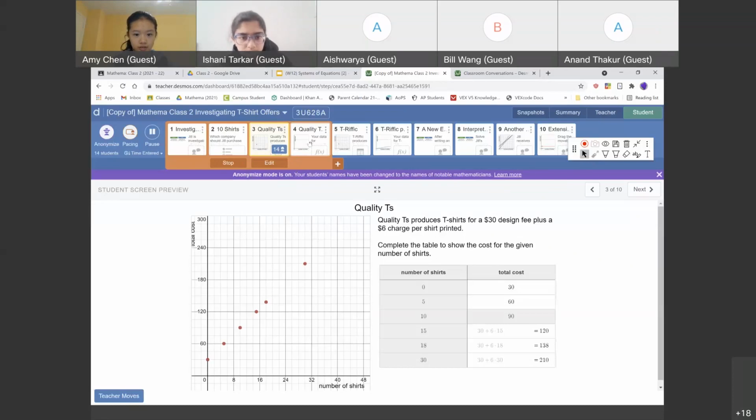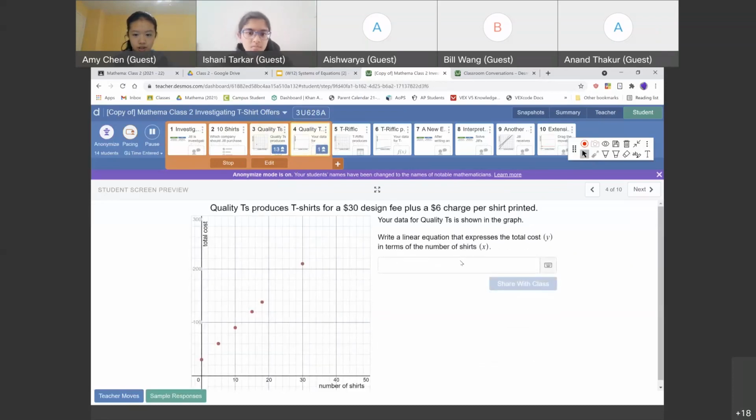Okay. Oh wait, I just gave you the answer for this. Okay, write a linear equation that expresses the total cost of a certain number of t-shirts in terms of the number of t-shirts, which is kind of what I wrote on the previous slide.